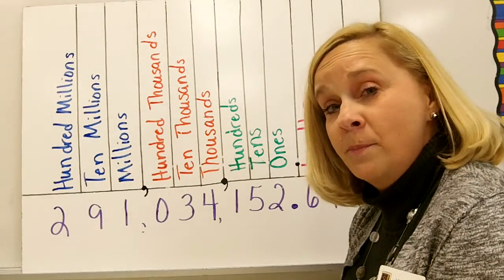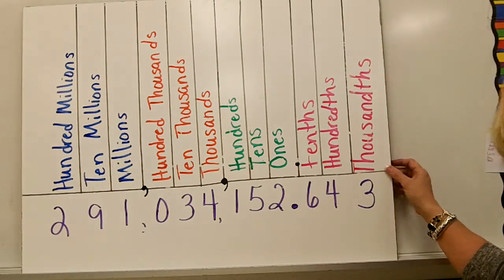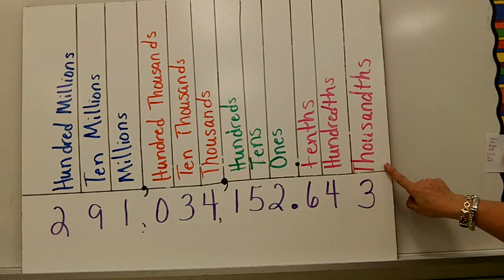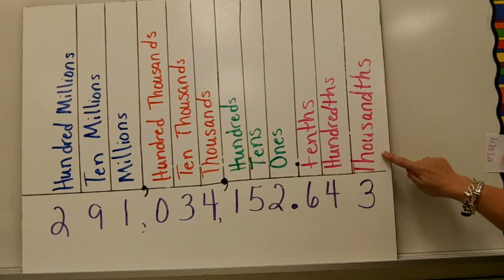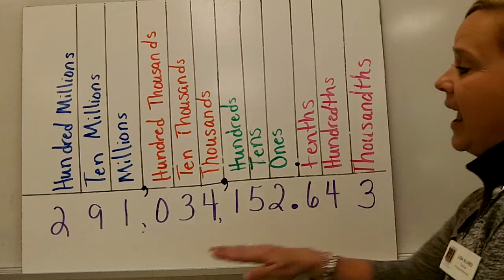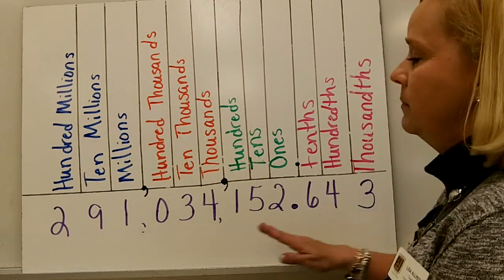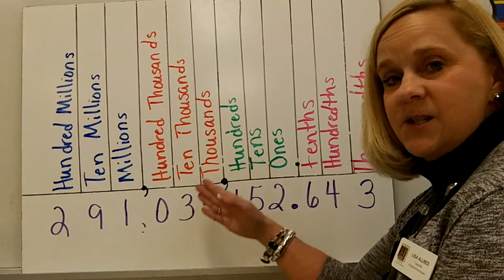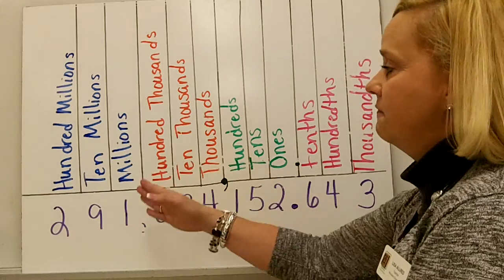So let's move one more place to the right, and we're going to be in the thousandths place. And again, the thousandths place can be represented not only by a decimal but a fraction also. If it's written as a fraction, that denominator will be 1,000. Now, I have a number written here down at the bottom, and each digit is in a specific place value.